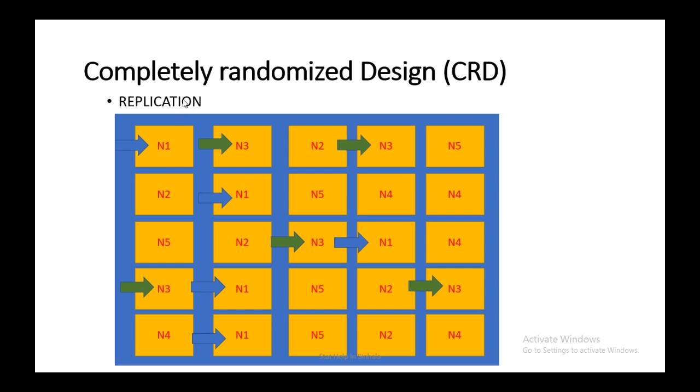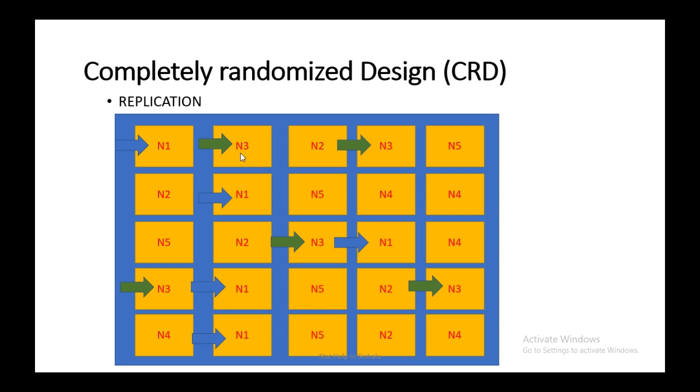Furthermore, if we consider N3 fertilizer, for this plot N3 fertilizer is applied, here also N3, here also N3. When we consider N3 fertilizer, there are 5 plots where it is applied.